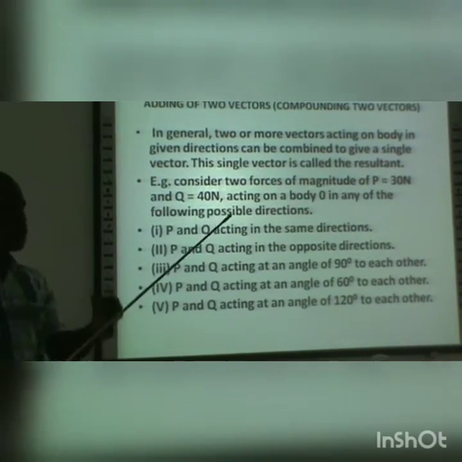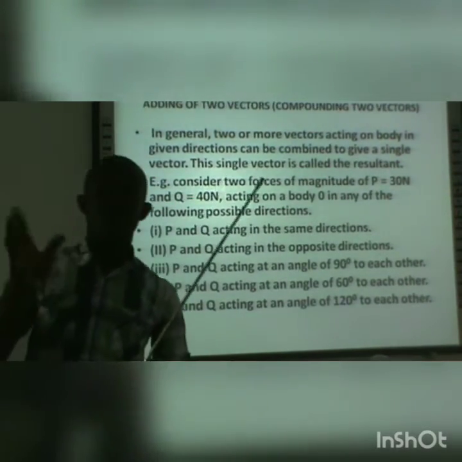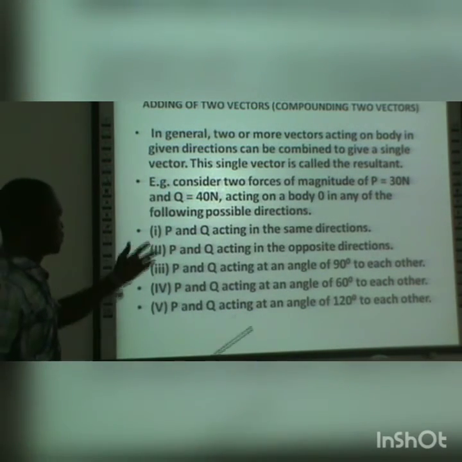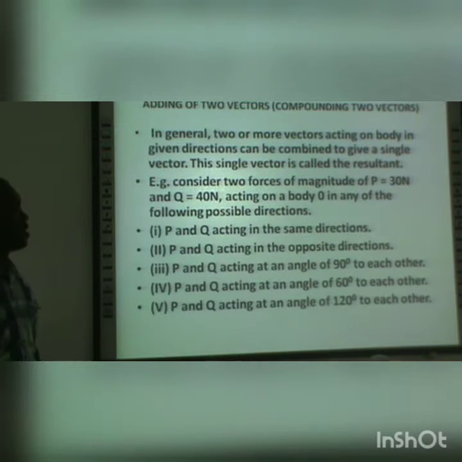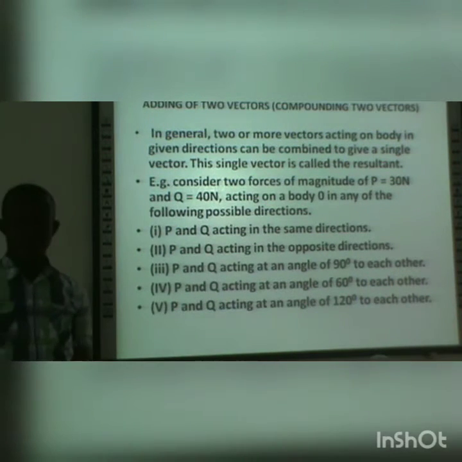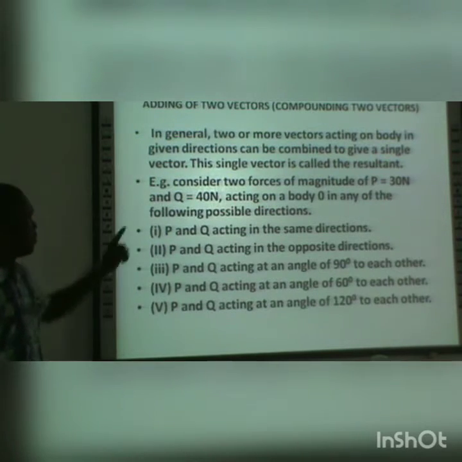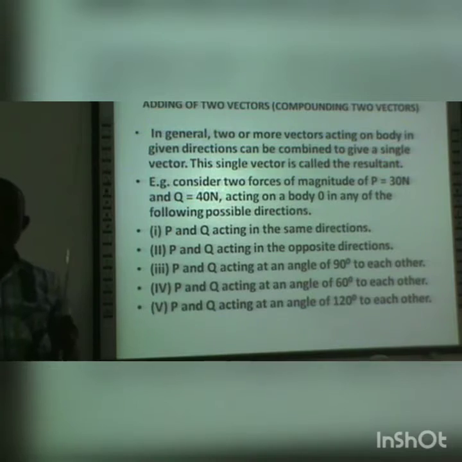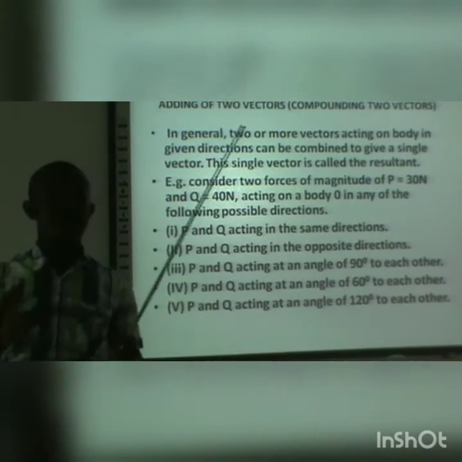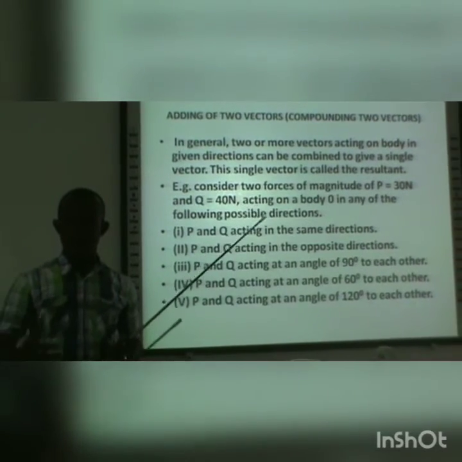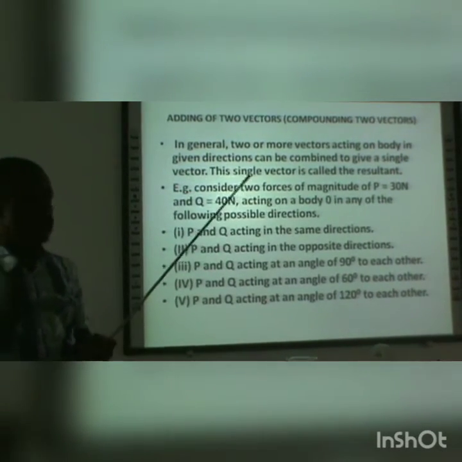Example, consider two forces of magnitude P equals 30 newtons and Q equals 40 newtons acting on a body O in any of the following possible directions. Number 1, P and Q acting in the same direction. Acting in the same direction means that we add P and Q to give us 70 newtons.